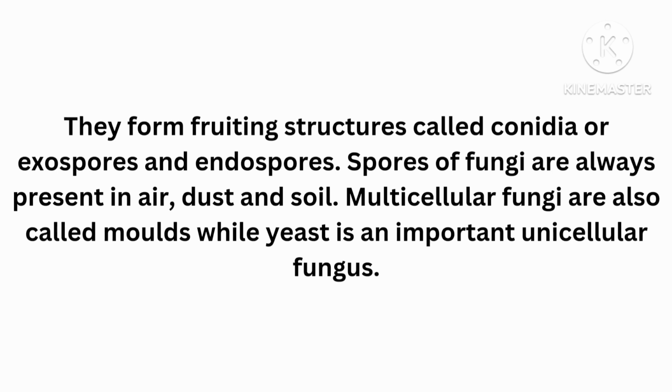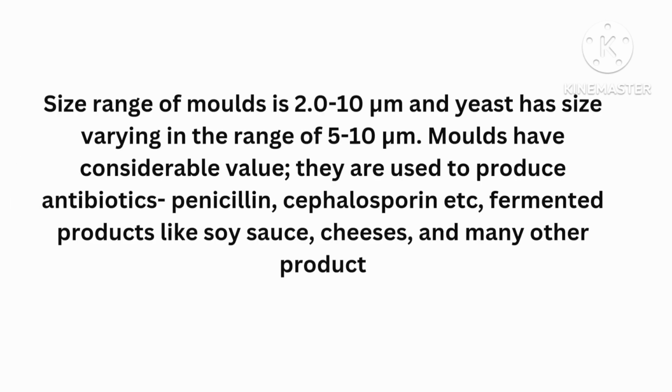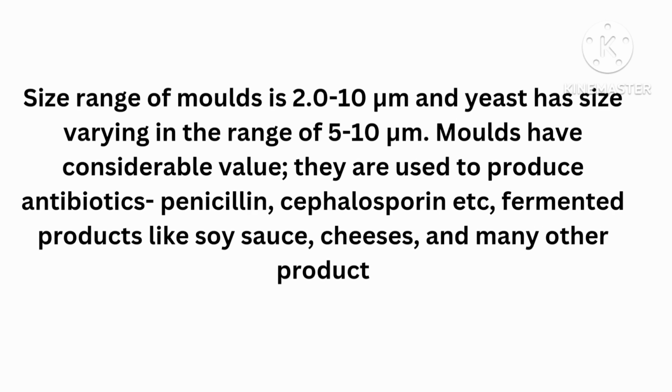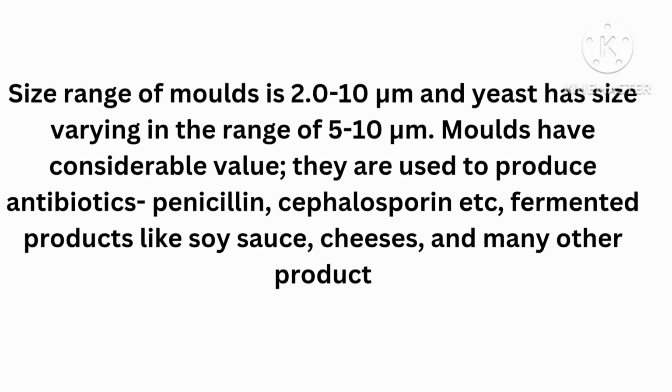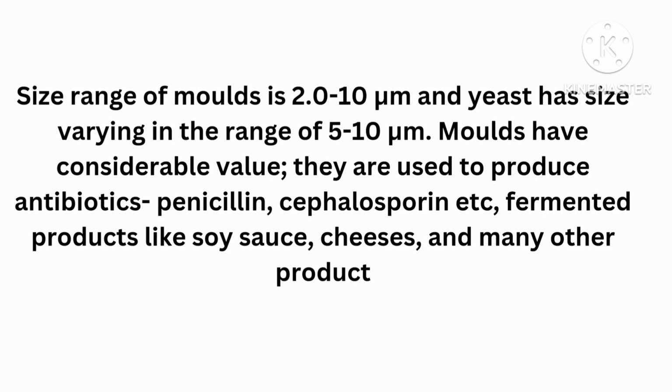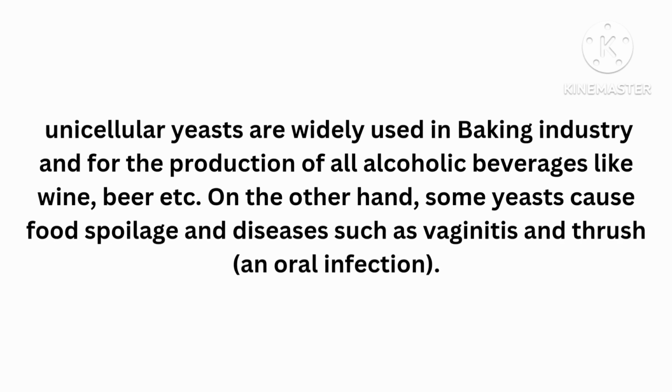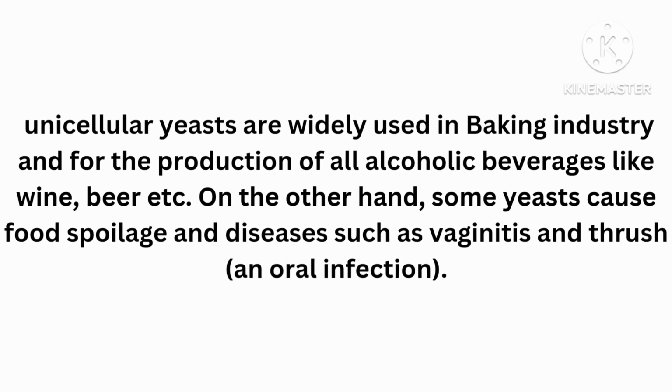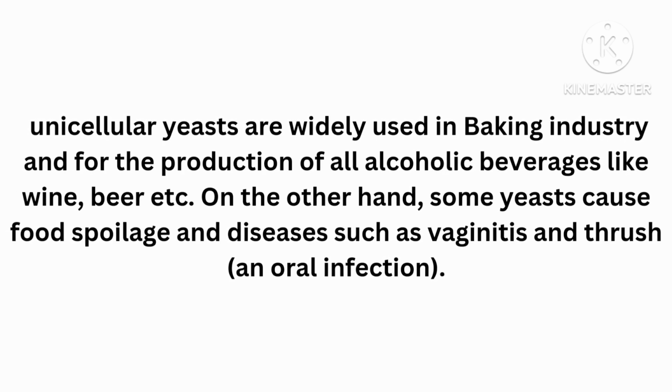They are present in air, dust, and soil. Their size ranges from 2 to 10 micrometers, which is why they have larger sizes and can be referred to as microorganisms. So these are some of their applications and usefulness.